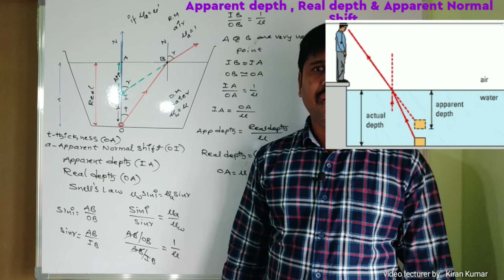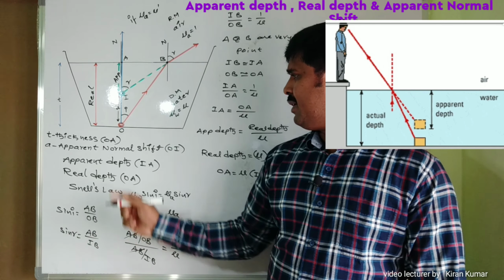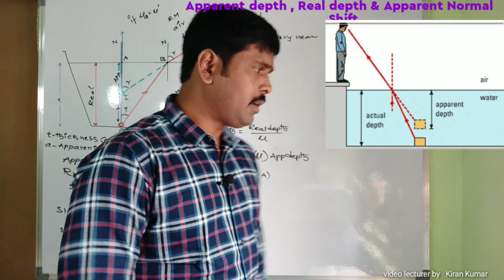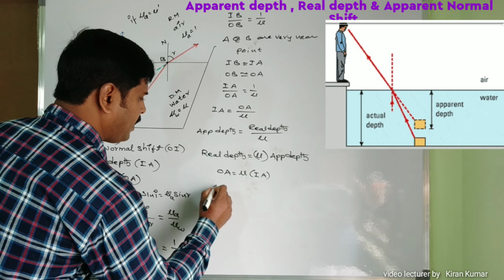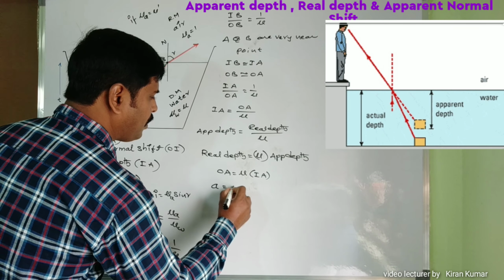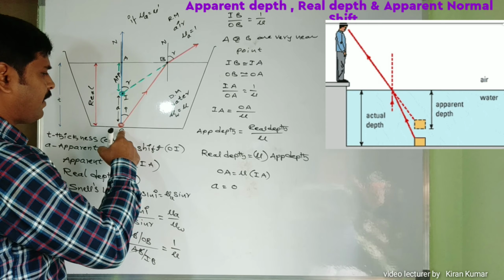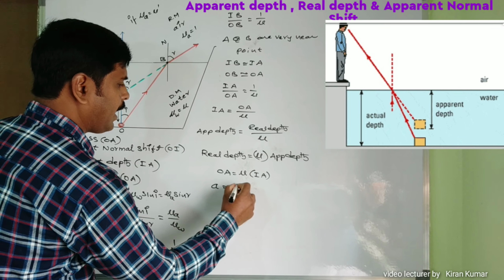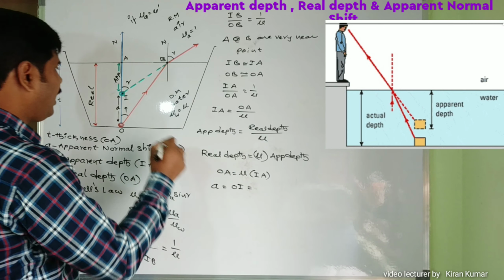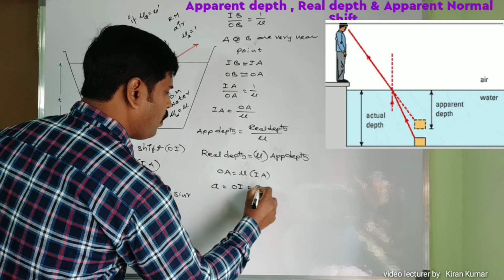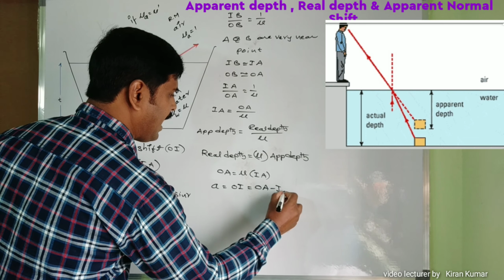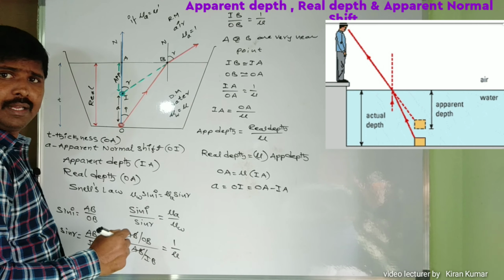Now the apparent normal shift. Here A is the apparent normal shift. According to the diagram, A equals OI, and OI equals OA minus IA. Try to understand.